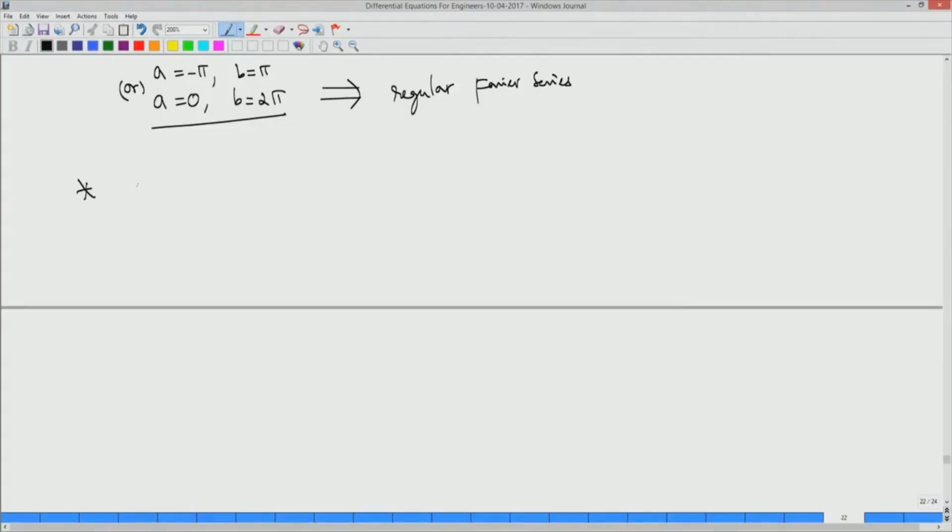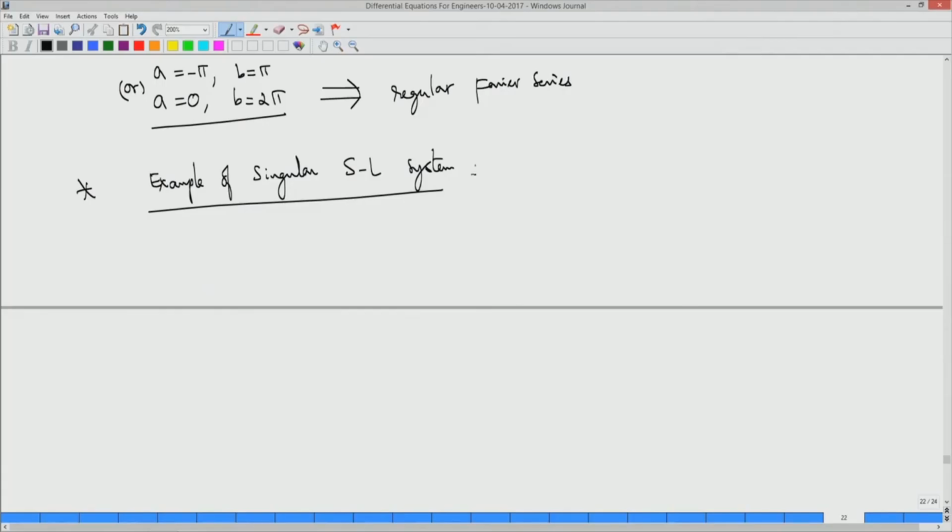Now, let us see the third case, a singular Sturm-Liouville system. I will give you an example of a singular Sturm-Liouville system for which, if you find eigenvalues and eigenfunctions, you can get a Fourier series there as well. Example of a singular Sturm-Liouville system.